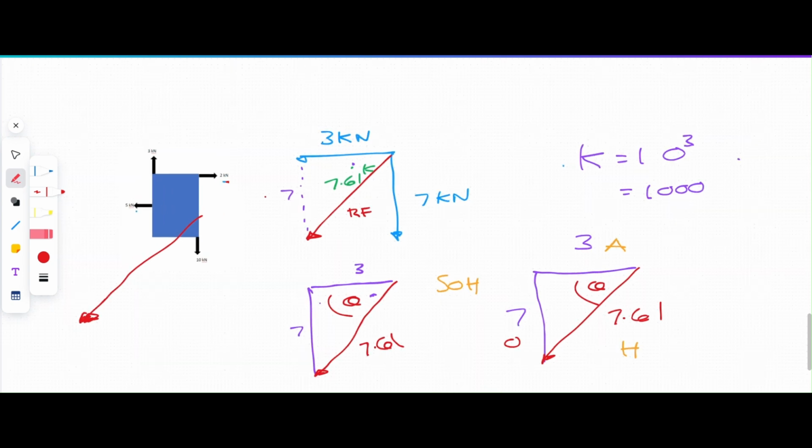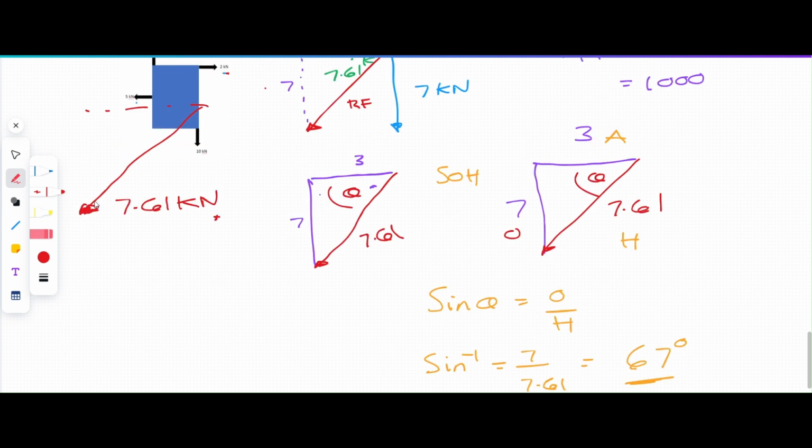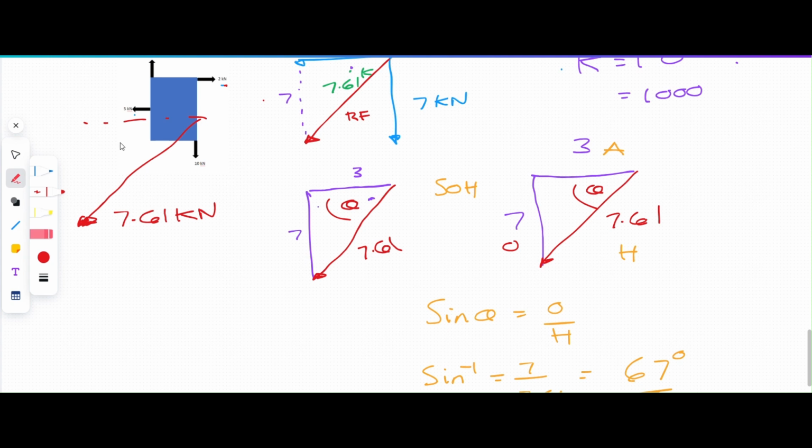Anyway, it wants to come down like that, something like that, doesn't it? 7.61 kilonewtons, because it's kilo, and the angle from the horizontal is 67 degrees. So we've got size and direction. Resultant force 7.61 kilonewtons. It's an angle from that horizontal, 67 degrees.